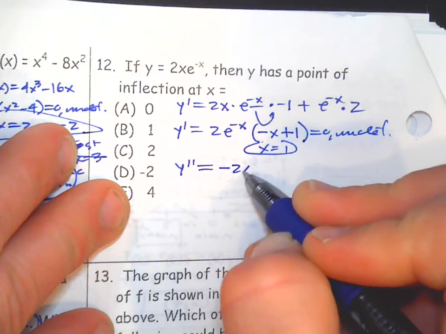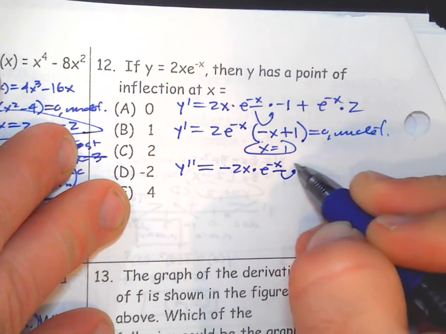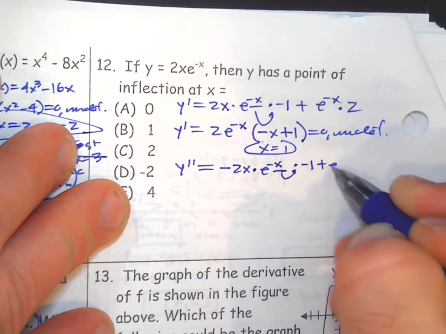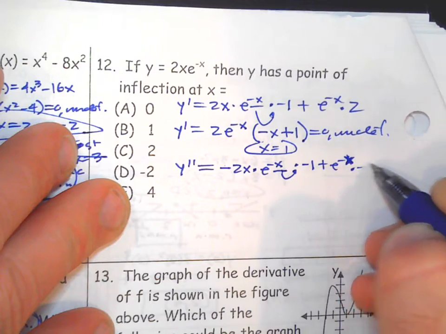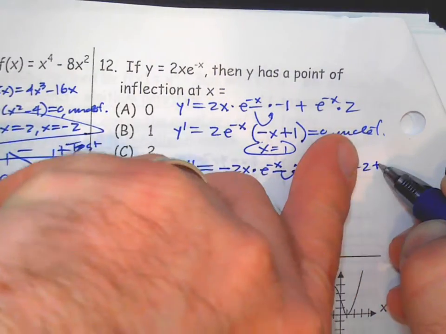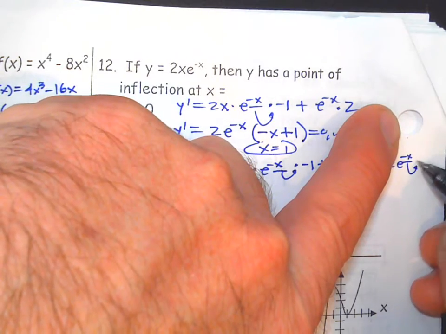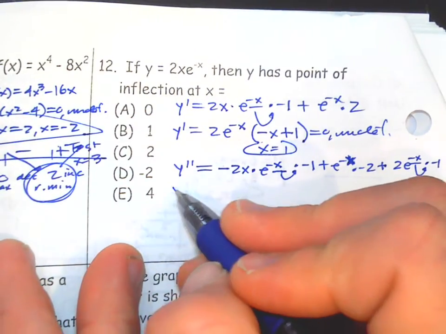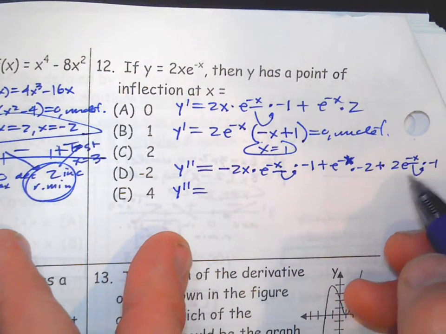Negative 2x times derivative of e to the negative x is e to the negative x times derivative of what's inside, which is another negative 1, plus e to the negative x times derivative of negative 2x, which is negative 2, plus 2e to the negative x times derivative of what's inside, which is negative 1. This is one we should be factoring. But we might be able to combine some terms.